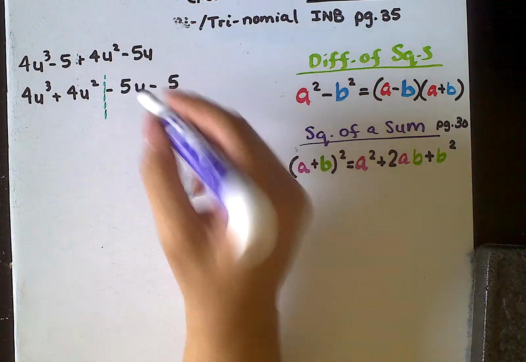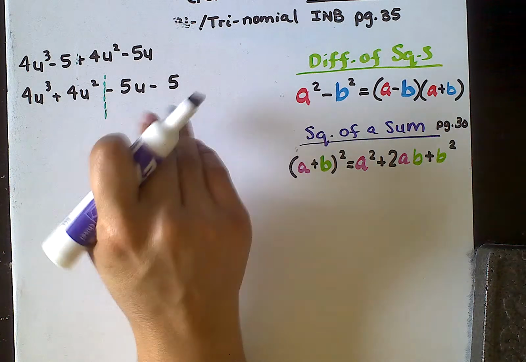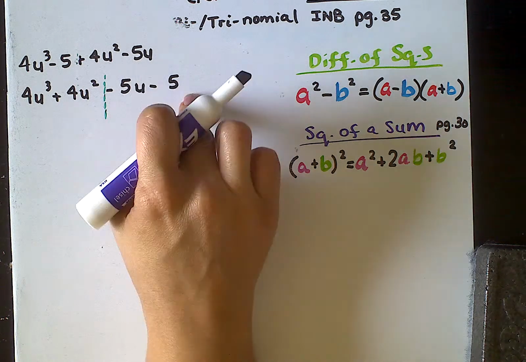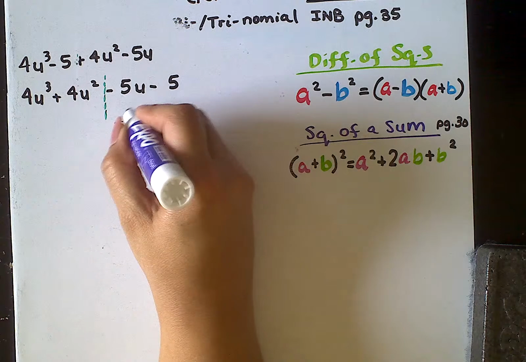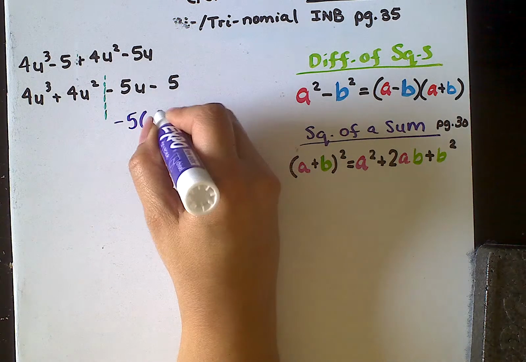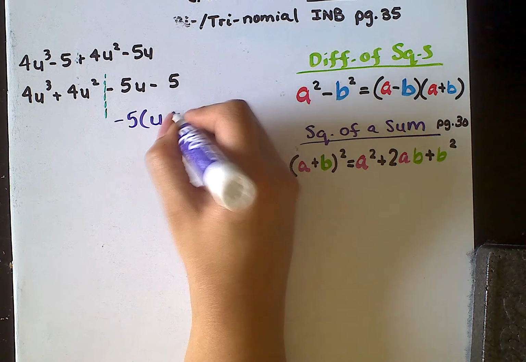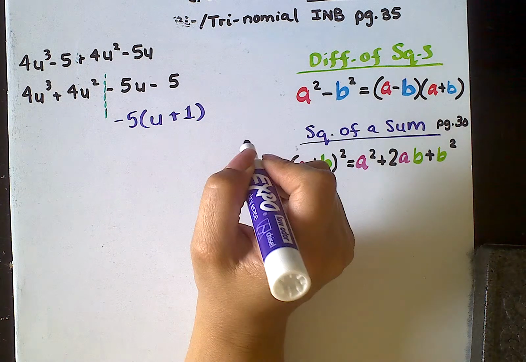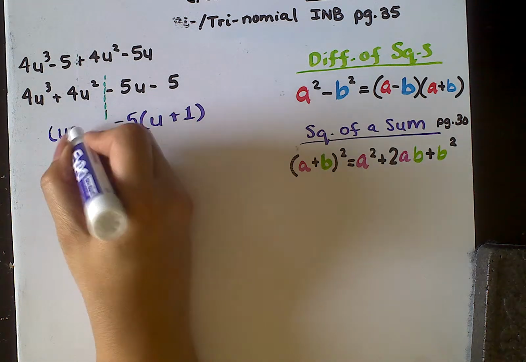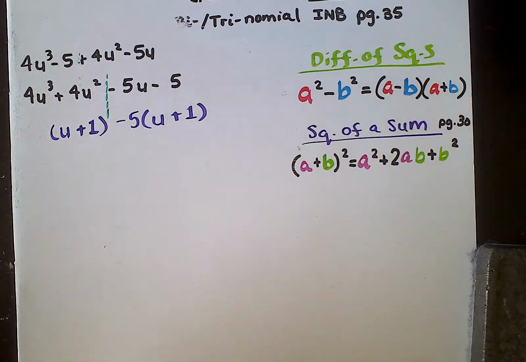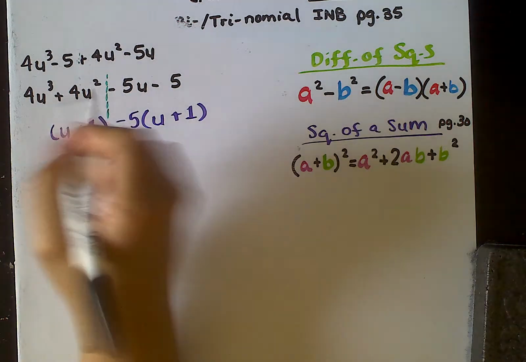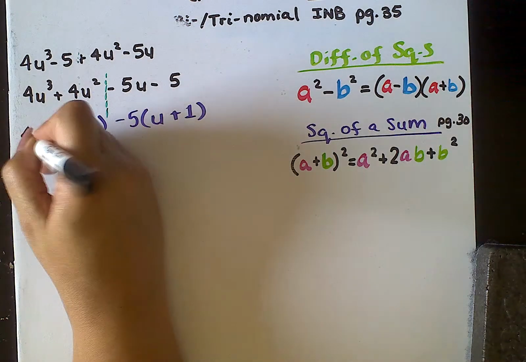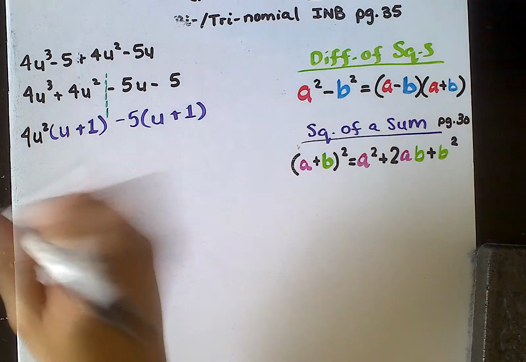Now, if you want, you don't have to do the left side first. You can do the right side because it's very obvious that they both have negative 5 in common, leaving me with u plus 1. So then over here, I can bring over my u plus 1 and put my 4u squared here.